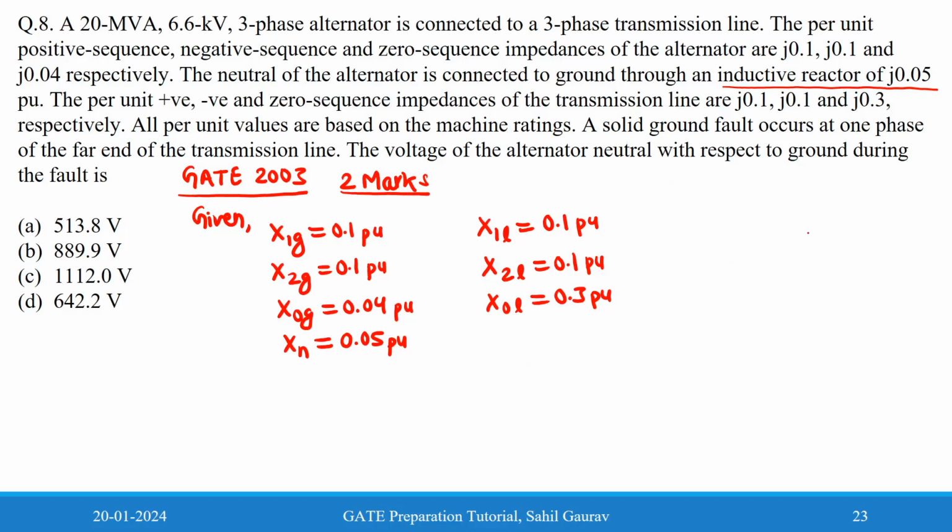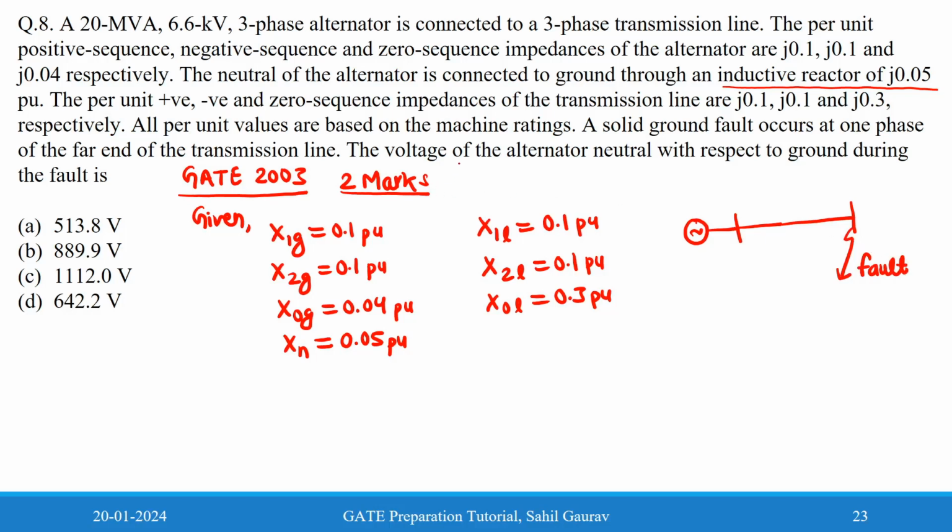So how can you find it? Basically there is one generator and this transmission line, and the fault is happening at the far end of the transmission line.